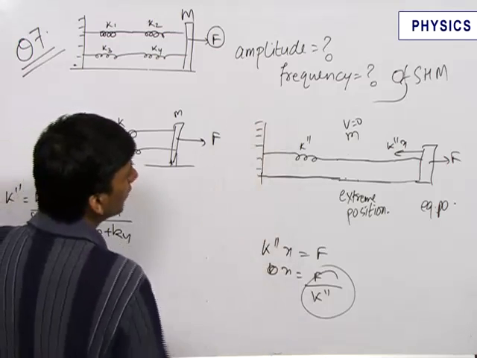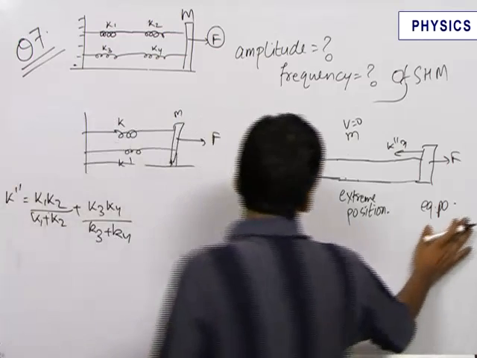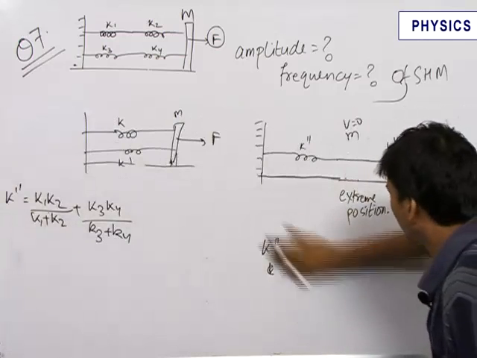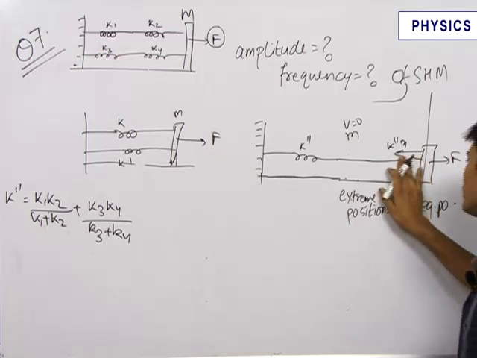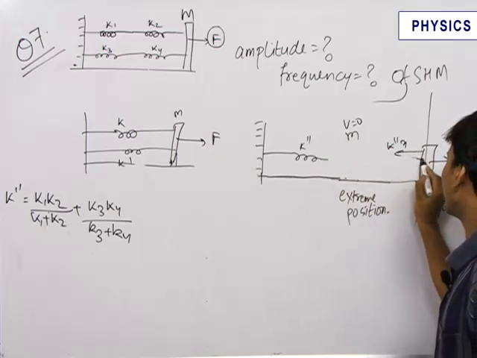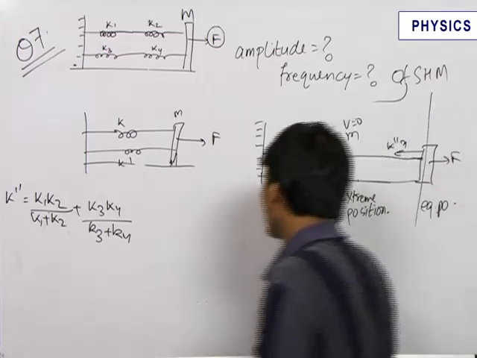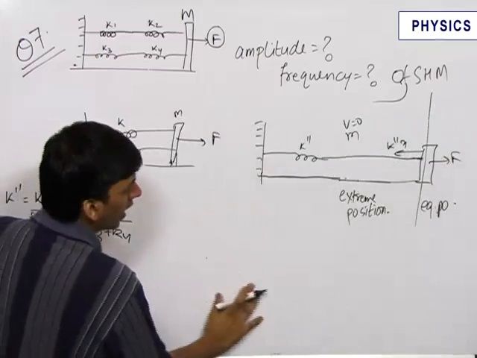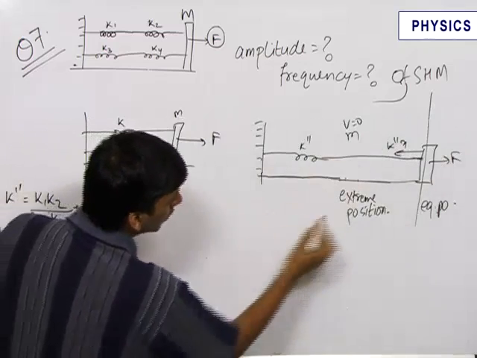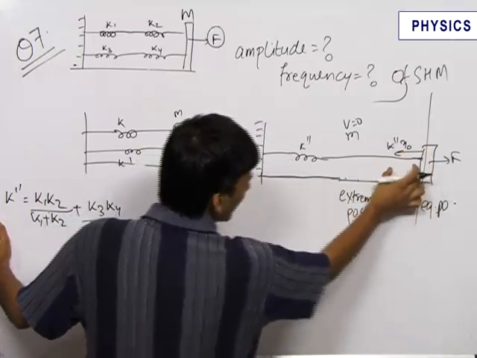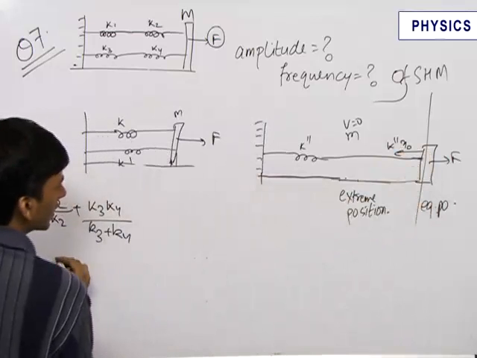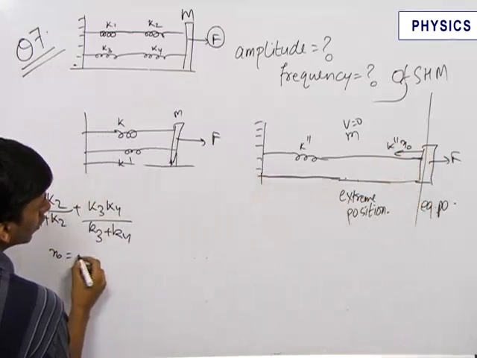Now we need to find out the frequency of SHM. For finding out the frequency of SHM, we know the equilibrium position. We displace the object from the equilibrium position by a distance X and find out the restoring force. At the equilibrium position, F was equal to K double dash X naught. Let X naught be the original extension in the spring, and X naught, as we knew, was equal to F upon K double dash.